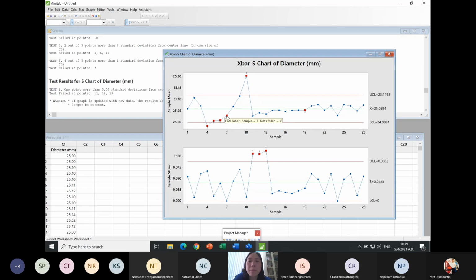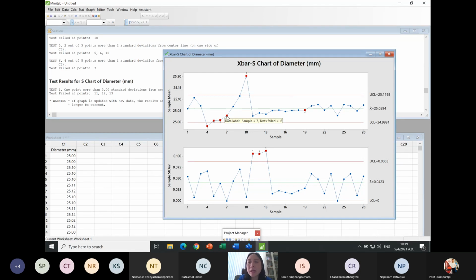So which subgroups violate this rule? Subgroup 7. Yeah, subgroup 7 is actually the subgroup where you can detect it. The key point is that you detect it on subgroup number 7.